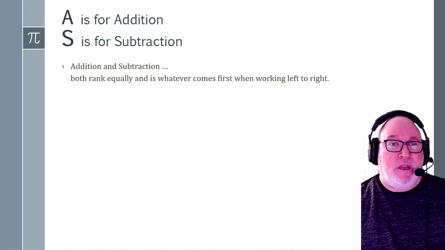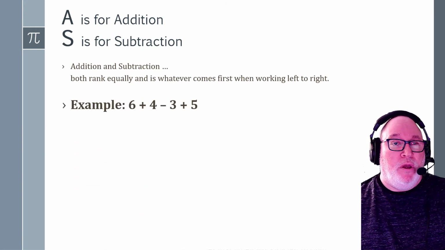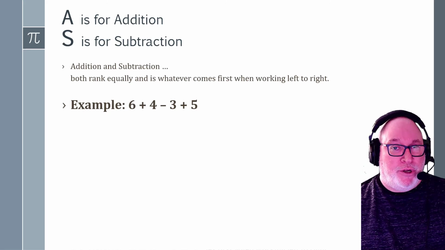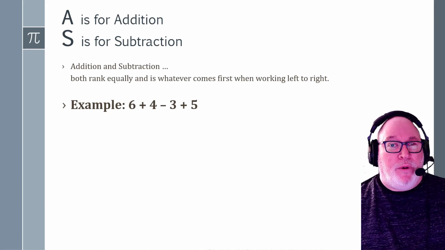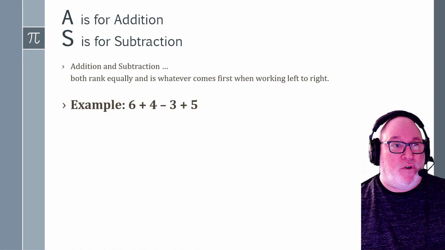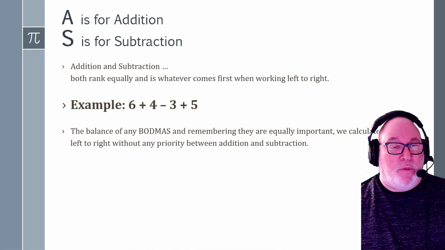Addition and subtraction, again, hold equal status, so we go from left to right. Here's a wee example. There are no brackets, no orders, and no division or multiplication, so we go from left to right. This one is very straightforward using BODMAS, but you can see why it's important when we're calculating from left to right.